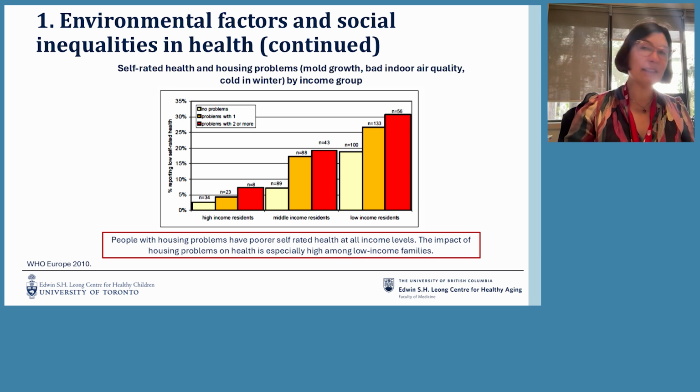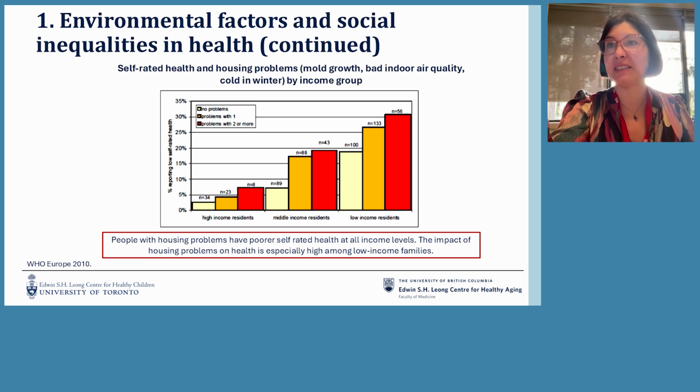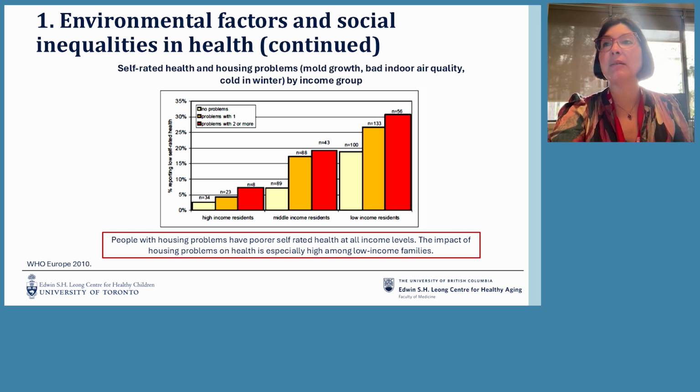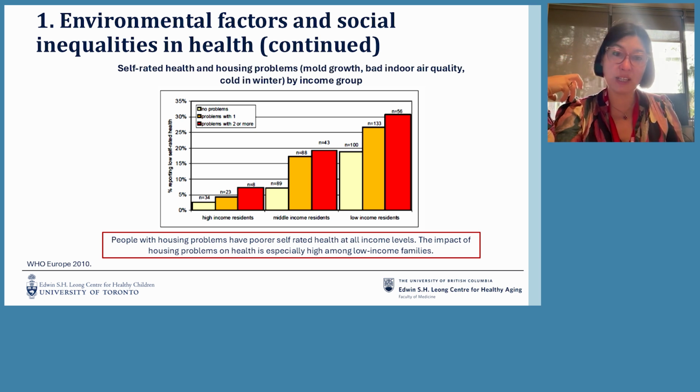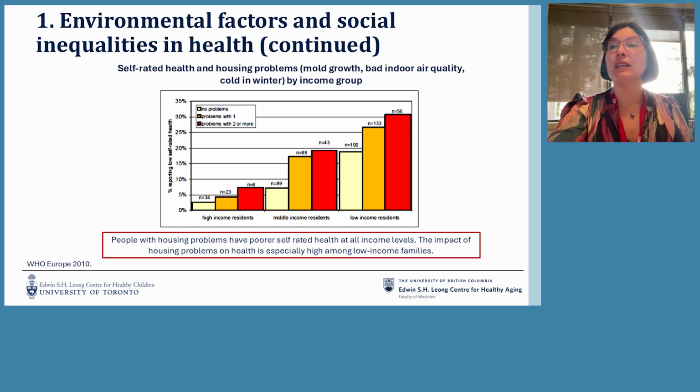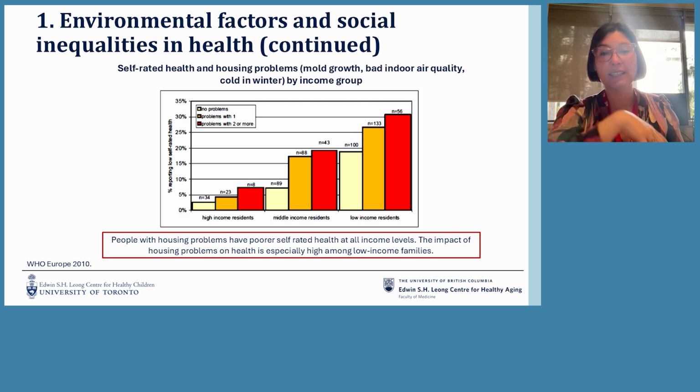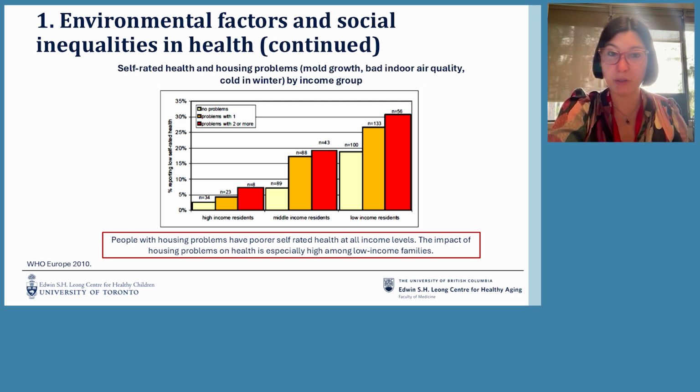So in this study, they looked at the number of reported household issues, such as mold growth, bad indoor air quality, or cold, for example in winter, by income of the residents, and plotted it against the proportion of people reporting poor self-rated health.